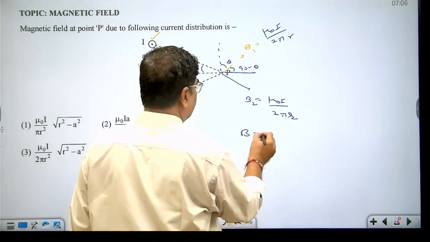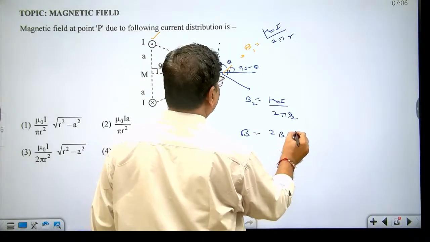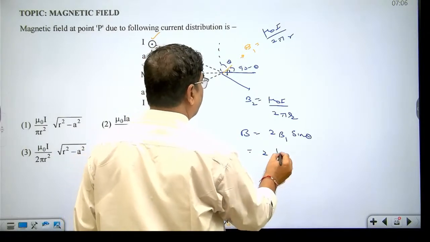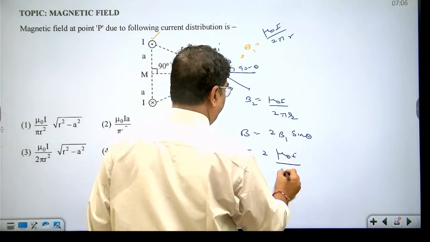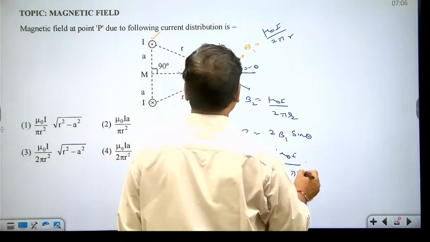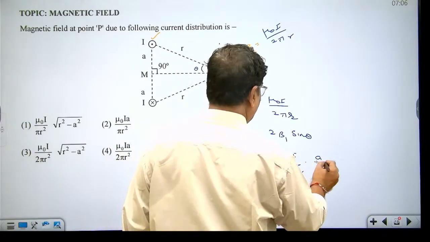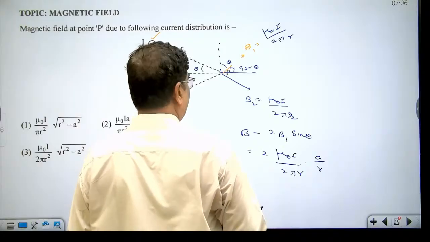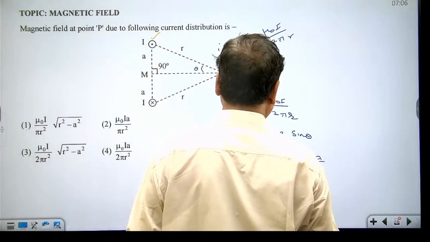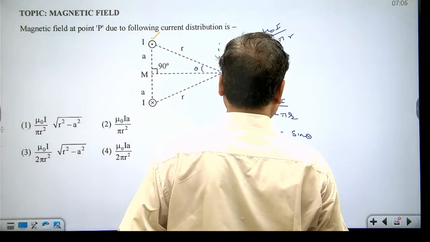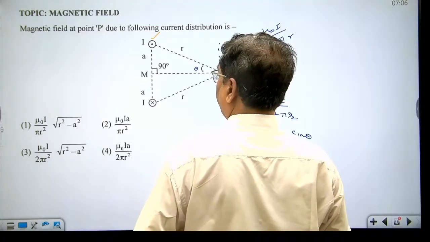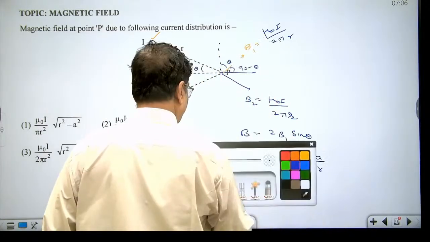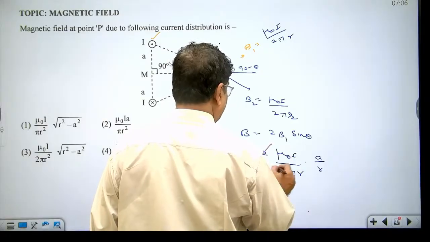So the resultant field is 2 B1 sin theta. 2 B1 is mu 0 I upon 2 pi r, and sin theta is a upon r. So we get mu 0 I a upon pi r square, because here the 2 gets cancelled.